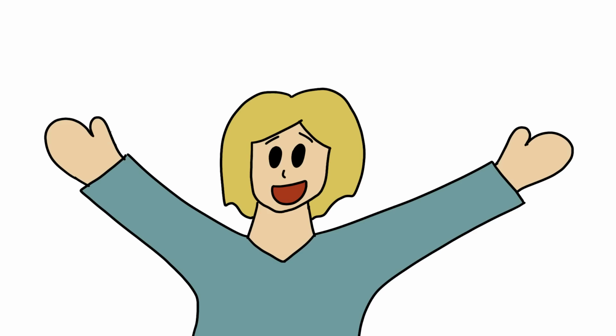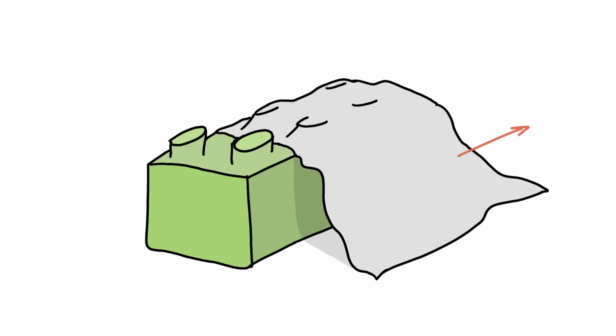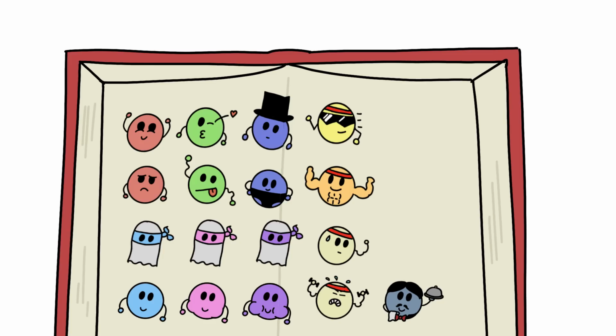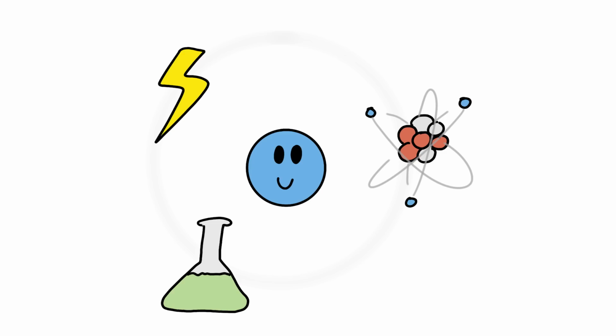Welcome to Fundamentally Explained. Here we try to uncover the mysteries of the smallest building blocks of nature. Our best understanding of these building blocks, or particles as they are called, is encoded in a theory called the Standard Model. It contains 17 unique particles, and one of these particles is the electron. Electrons form electricity, are key components to atoms and molecules, and essentially govern all of chemistry.